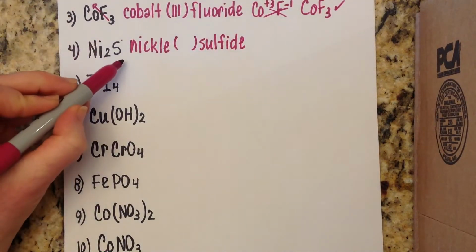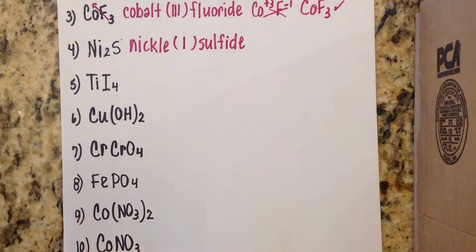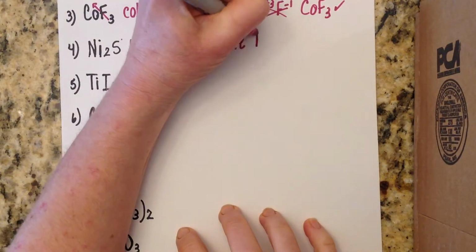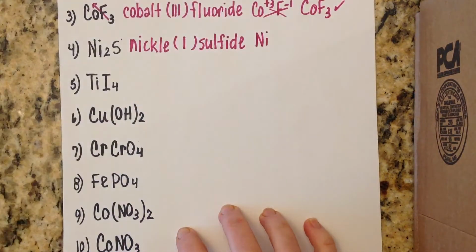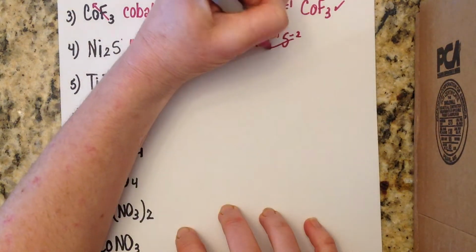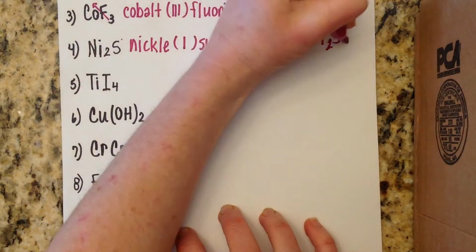That means whatever was here must have been up here, and that's an understood 1, so that should have been nickel 1 sulfide. Now, sometimes these, I don't know why, but when you put the 1s in there for beginners, they look a little bit odd, so just check it and be sure. Honestly, double checking's even good for me. I've done this for a long time, but sometimes I make a mistake. Ni +1, S -2, crisscross, Ni2S. Yeah, looks odd, but I was right.